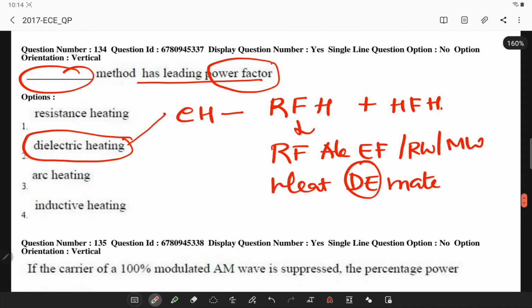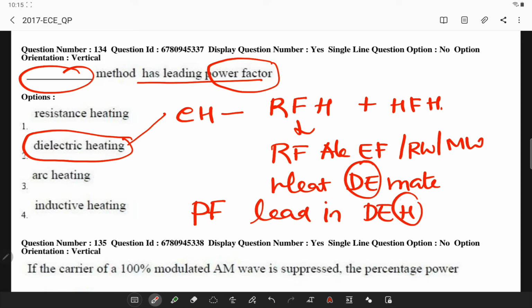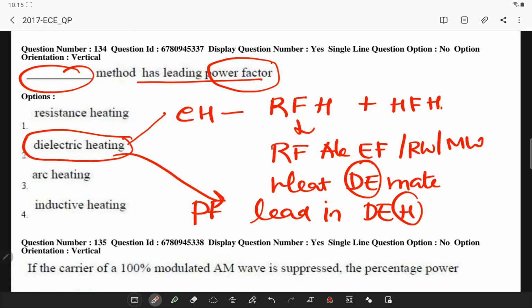If you observe the definition itself, when an AC voltage is applied across the capacitor plates, the current does not lead the supply voltage by exactly 90 degrees. Therefore, the power factor will be leading in the case of dielectric heating. This concept is very, very important.